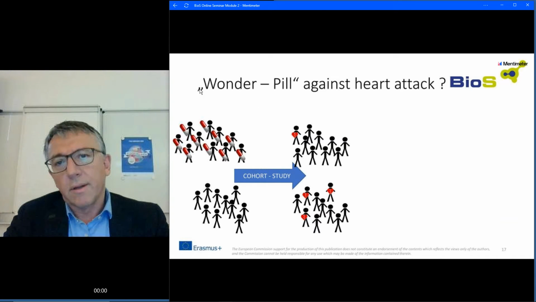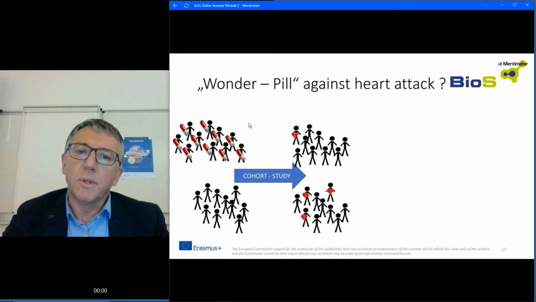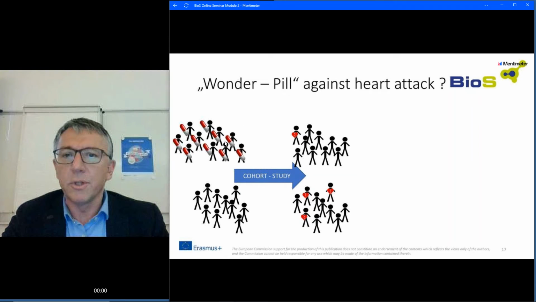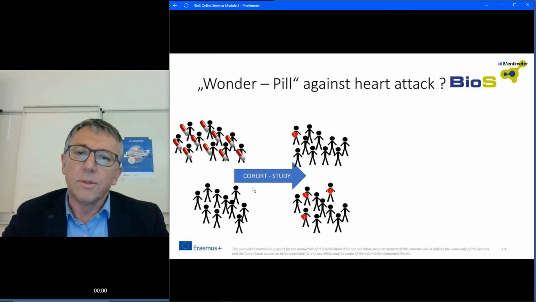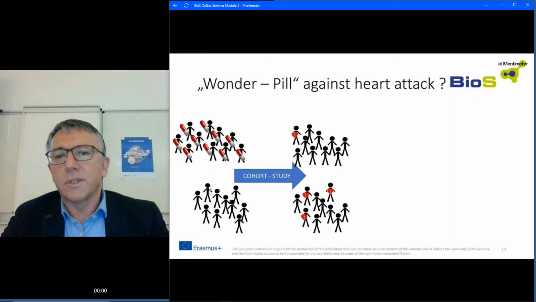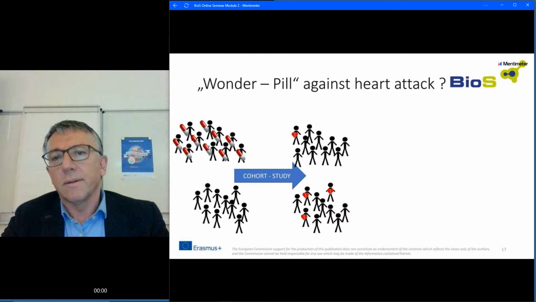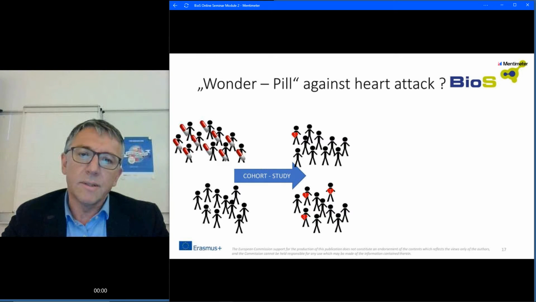You have the whole number of individuals you have identified as your population or your patients or whatever, and you divide this population into one group that obtains the drug or has an exposition, and one group that does not obtain the drug. If you have a very good study design and you can randomize whether an individual obtains a drug treatment or not, then you have a randomized controlled trial in this case.